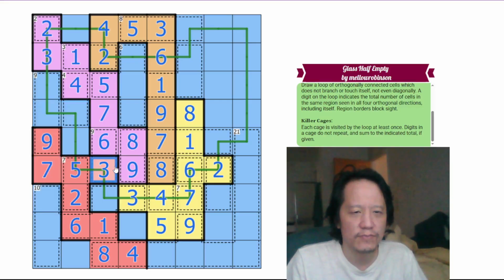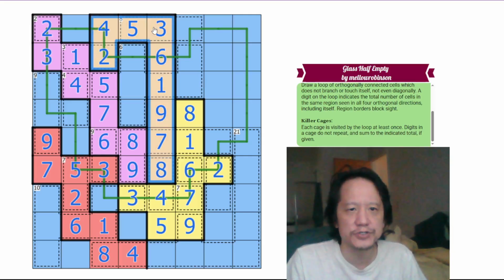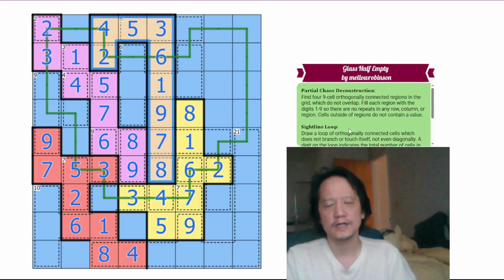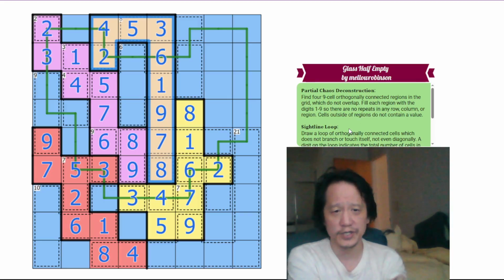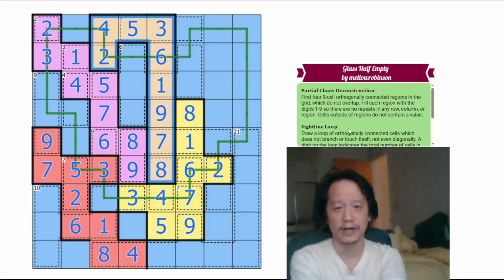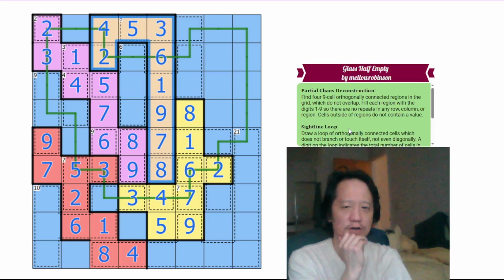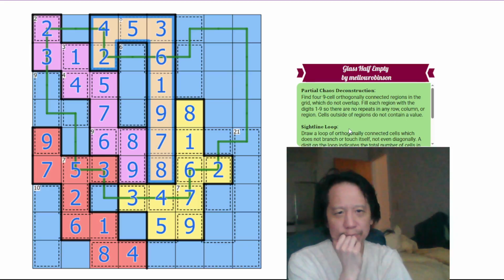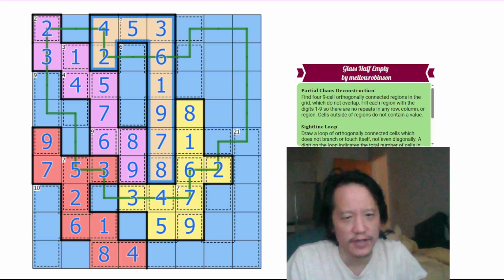So, yeah. Interesting. Very interesting use of the deconstruction rule set, along with a loop with the sight lines to actually fulfill all these requirements. It was pretty hairy, actually. Definitely hard, but satisfying in the end, I think.